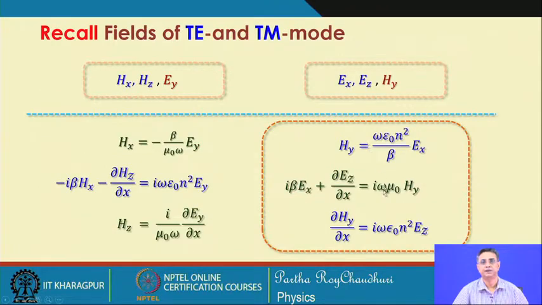If you substitute this value of Ex in terms of Hy into this equation, and the value of Ez from this equation in terms of Hy into this equation, that means what I am trying to say is that the Ex value will come here and the Ez value will come here, and we will get equation 2 expressed in terms of only the Hy field.